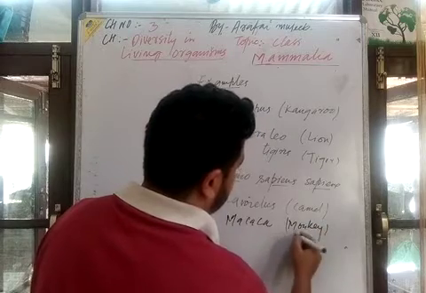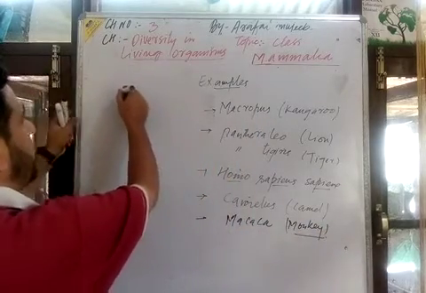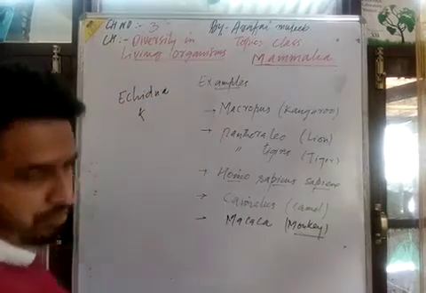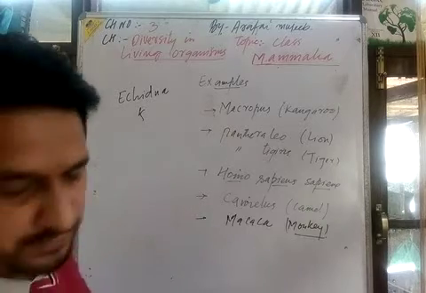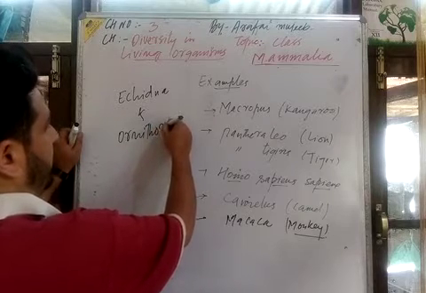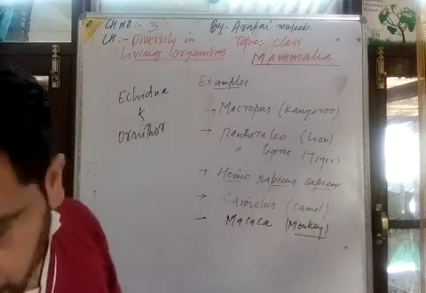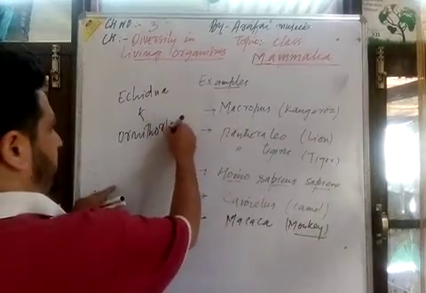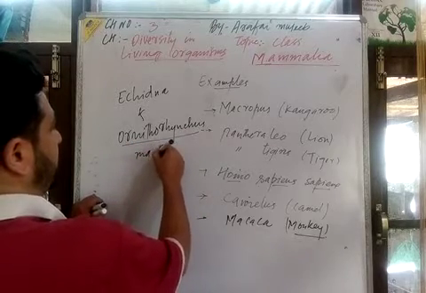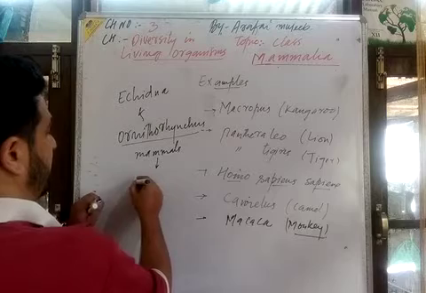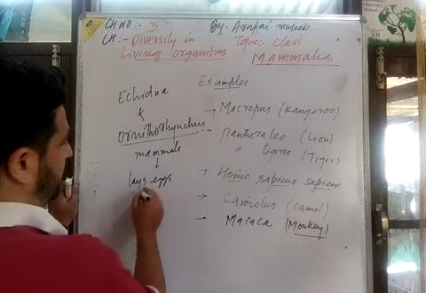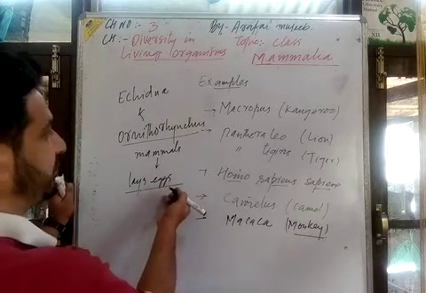You have many examples here, but let me tell you some exceptions. Echidna and Ornithorhynchus. Both are mammals, but they lay eggs for the generation of their young ones.